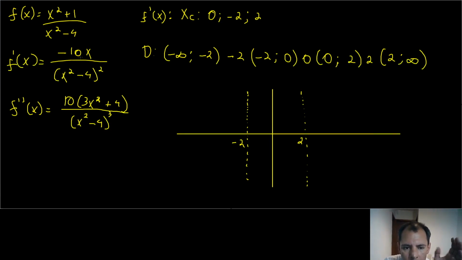Well, you can see that as x becomes negative infinity, this is going to be a negative infinity times -10, it's going to be a positive infinity, and then you have an x squared here, which is going to be a positive infinity. But you can see that the power of the numerator is 1, okay?